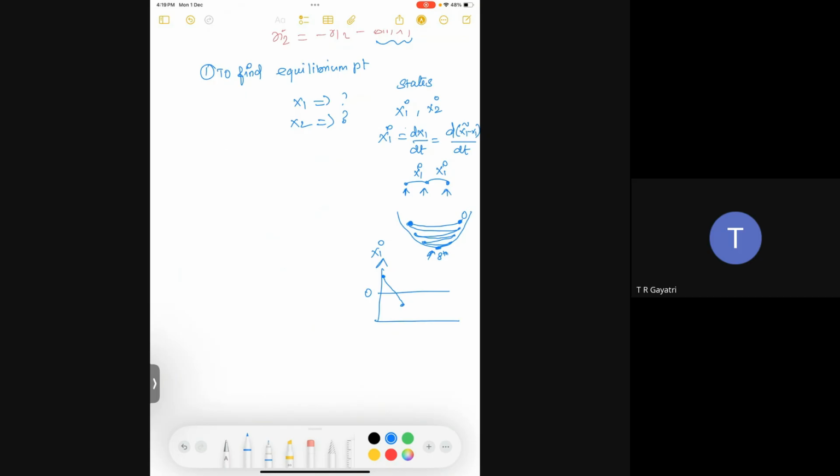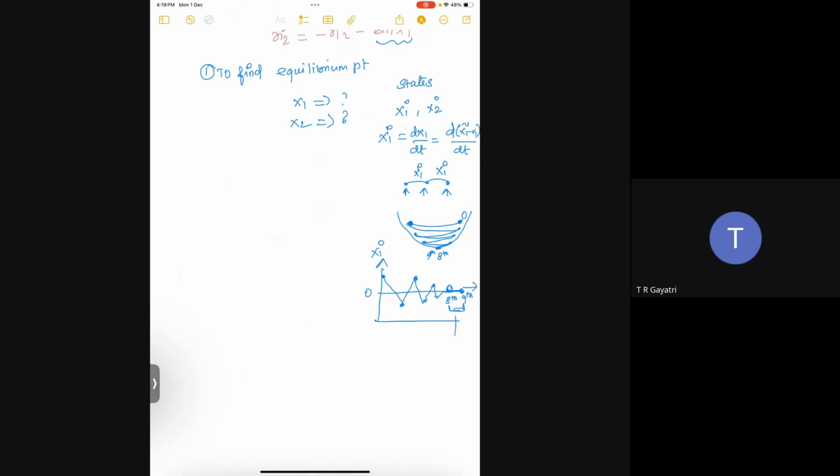At the second point it goes here, then here, then here. Then it keeps reducing. And for the 8th point, x1 will be here. If I do the 9th, will it change? No. Because it reaches stability, because it reaches its equilibrium, there will not be any change from the 8th to the 9th. After the 9th it is not going to change until I give any force.